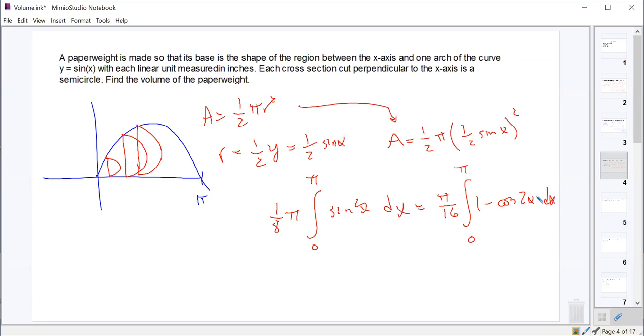Everybody good with all this or no? Yes. All right. What's our integral of 1 minus cosine 2x? Should be x minus what? Half sine 2x. Good.